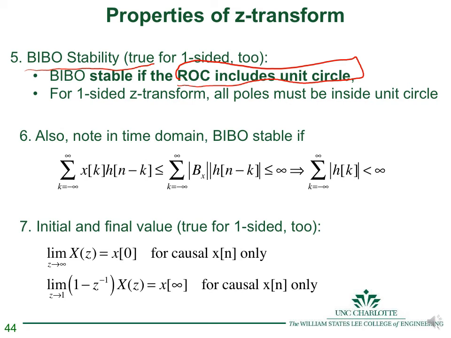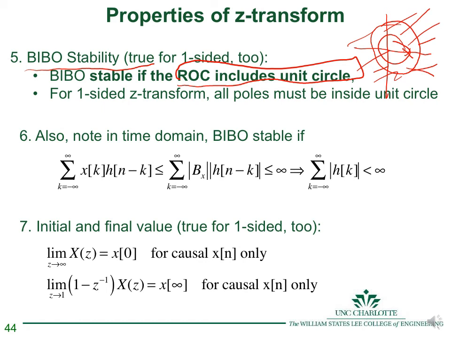For the Z transform, we already saw an example where we had a to the n u of n, and we saw that the pole was located inside the unit circle. The region of convergence was an exterior region. And so this was an early example of a stable, well-behaved exponential sequence that included the unit circle.